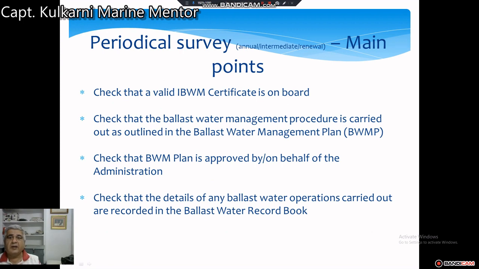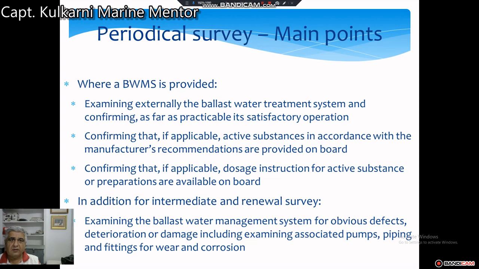Okay. Periodical survey. You have got a certificate on board. Ballast water management procedure is carried out. Check that the ballast water plan is approved by or on behalf of the administration. Check that details of any ballast water operation carried out are recorded in the ballast water record book.